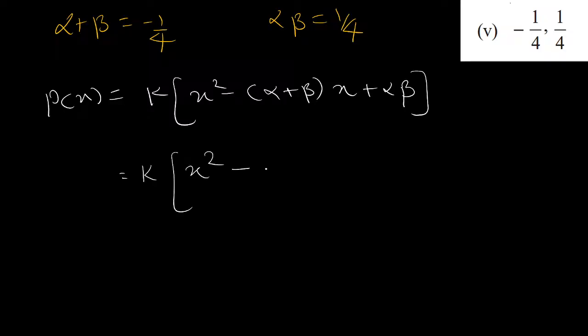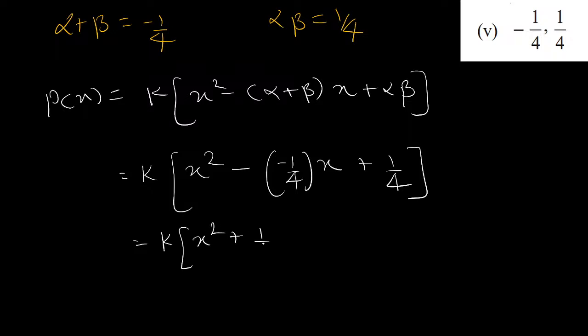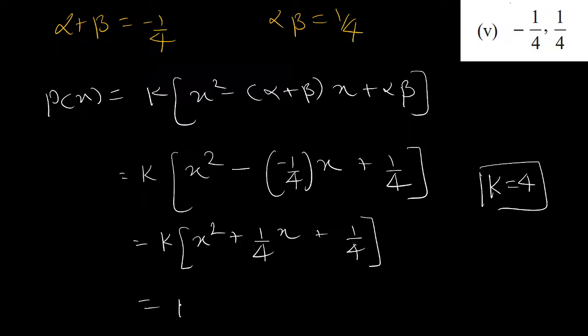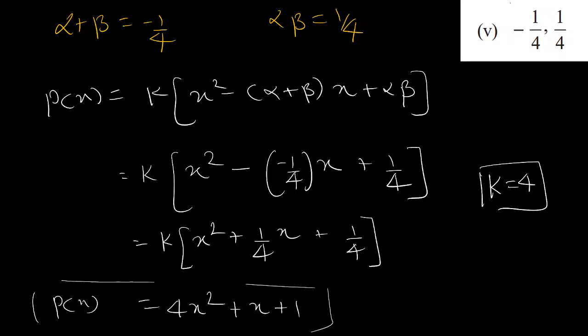So x square minus the sum, which is minus 1 by 4, x plus 1 by 4. So I will get k times x square plus 1 by 4 x plus 1 by 4. Here we'll take k equal to 4 so that the denominator gets cancelled. We get 4x square plus x plus 1. So this is my required polynomial.